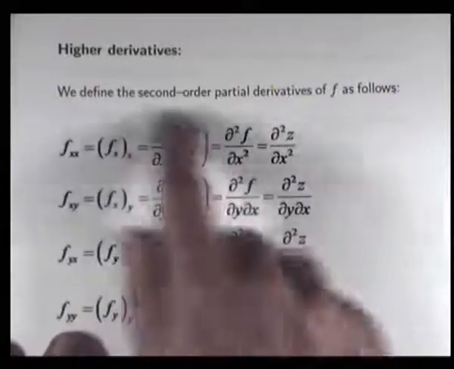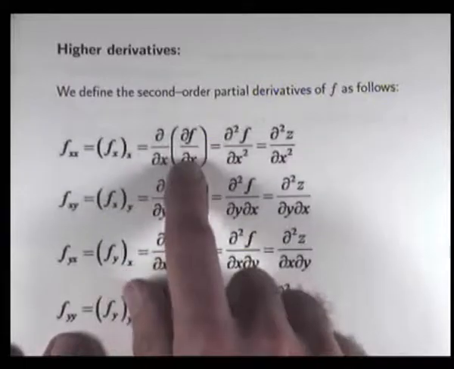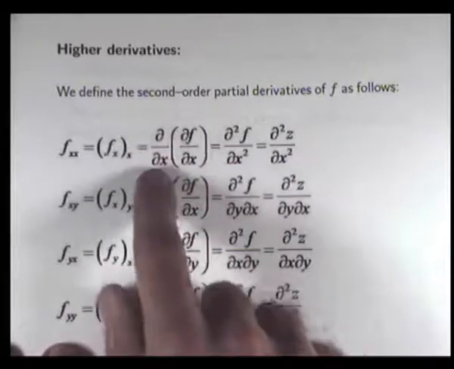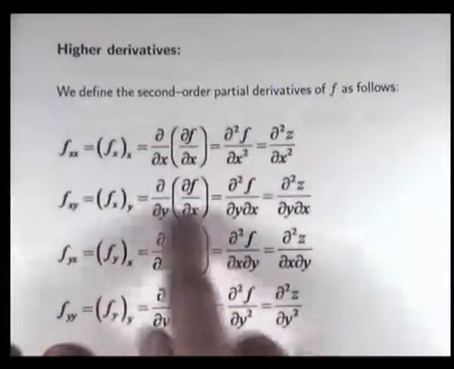Now, the notation for second-order partial derivatives changes. It's not universally just one thing. So you can see here, by this we mean we take df dx, and then we take the partial derivative of that again. So it's just a derivative of a derivative.